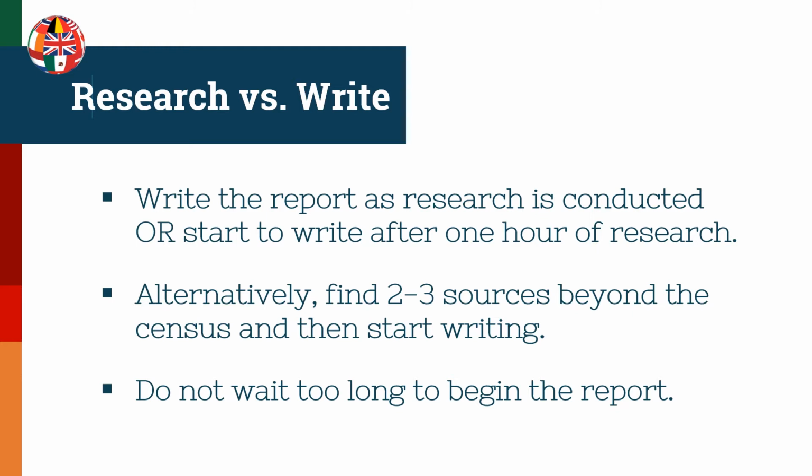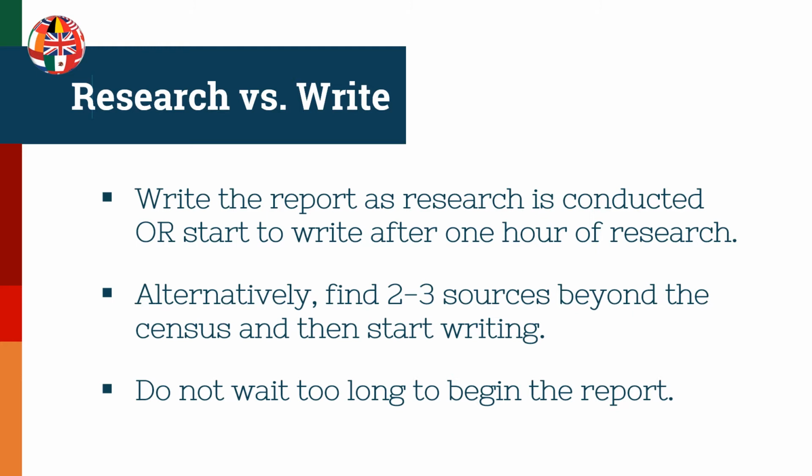One of the things you'll have to decide is what works best for you for researching versus writing. You can do a couple of things. You can write the report as your research is conducted, or you can research and then start to write the report. Or you can find 2 or 3 sources beyond the census and then start writing. But a really key thing to keep in mind is not to wait too long to begin the report.